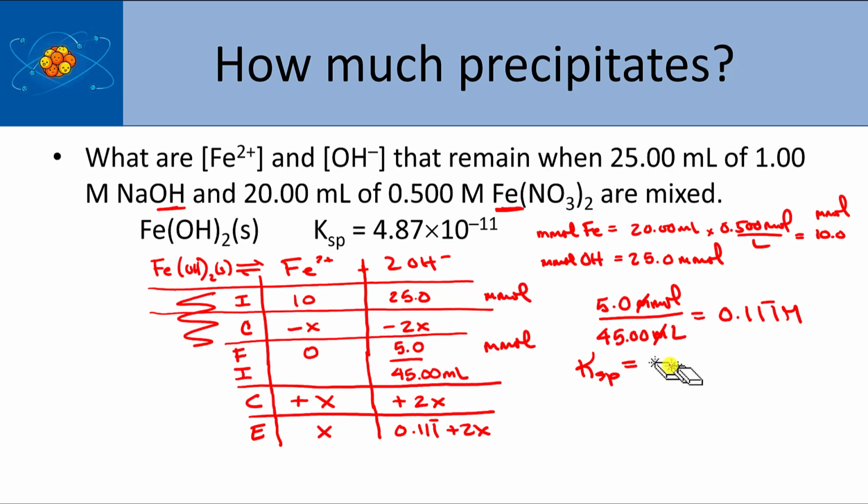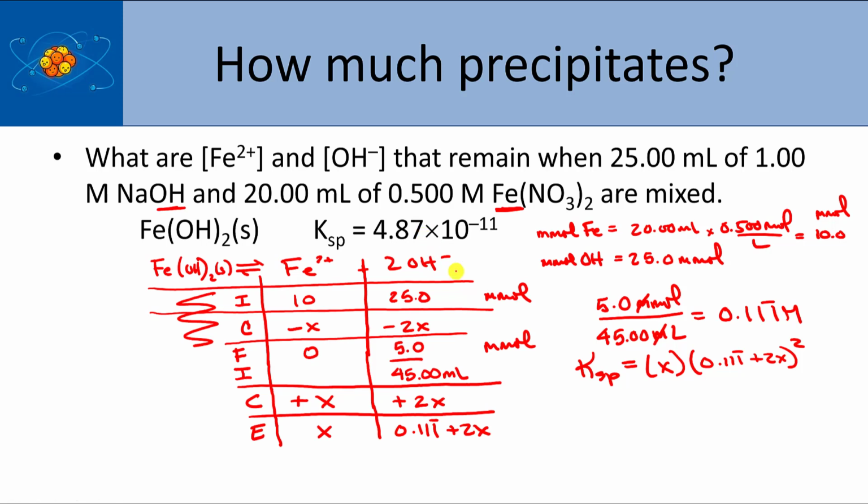Oh, sorry, I had a brain fart. X times 0.111 plus 2X squared equals, and then this is your Ksp value over here. That's what I was blanking on. It's over here.